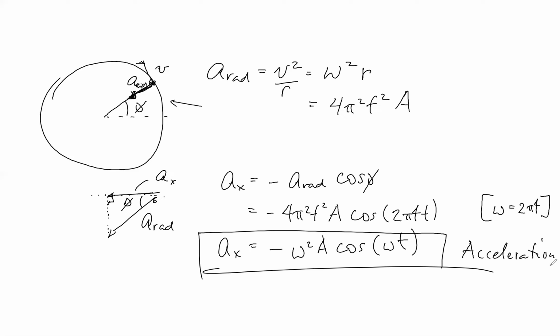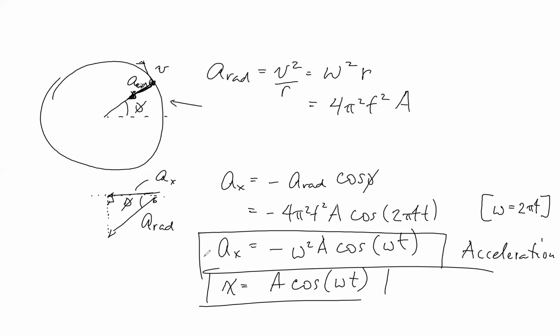Now I started with the displacement. And what I wrote initially was that x was equal to A cosine omega t. And so what you'll notice from these two expressions is that the A cosine omega t part, that's just x.